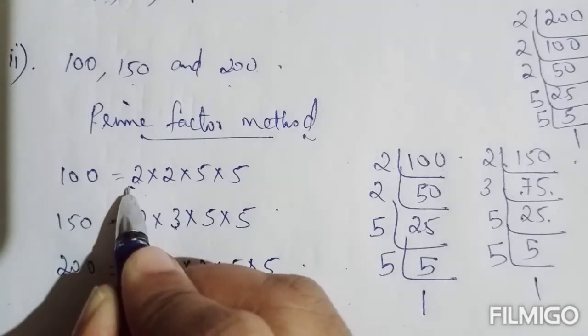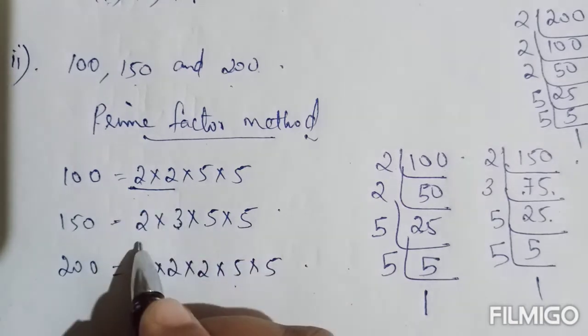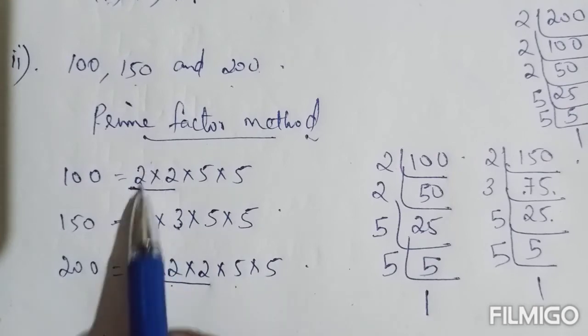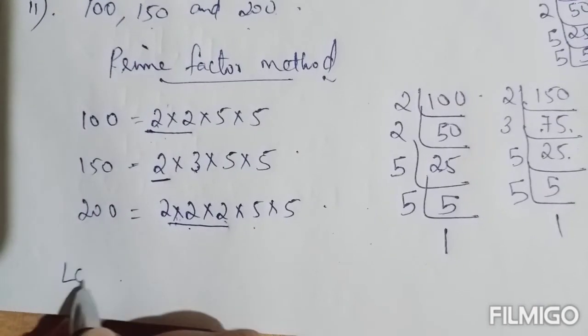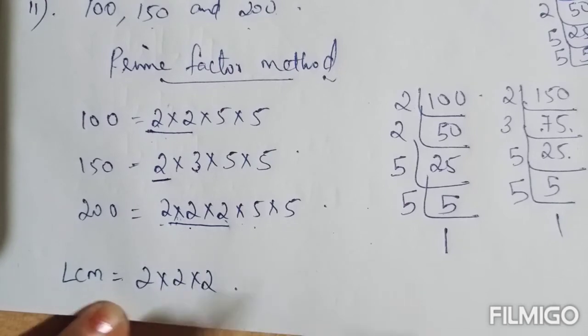Now we can see 2 is coming 2 times in 100, 1 time in 150, 3 times in 200. So which one will we select? We have to select the larger number of times. 3 times 2 we can select. So in order to find the LCM, 2 into 2 into 2.